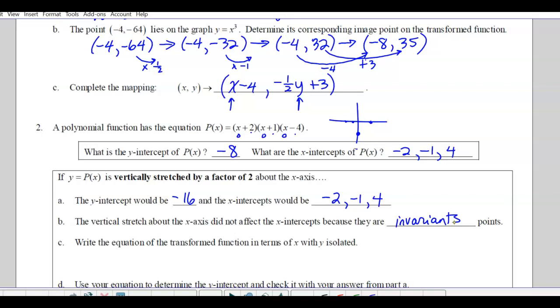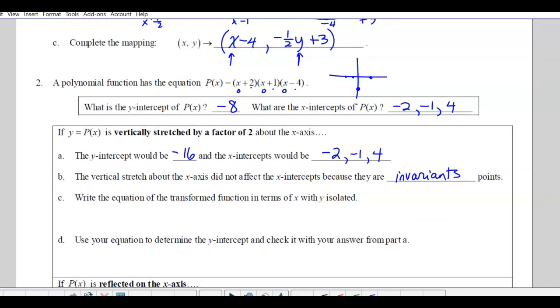Write the equation of the transformed function in terms of x with y isolated. So here we can replace in front of the factors our vertical stretch by a factor of 2. So in Math 30 next year, we'll go through this in much more detail with transformations. But think back to quadratics.